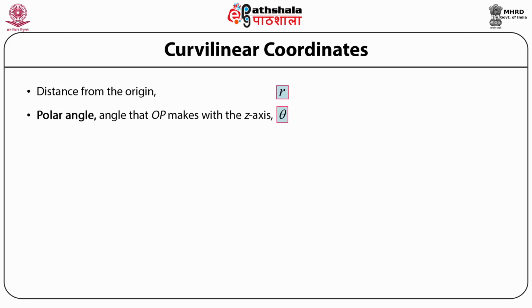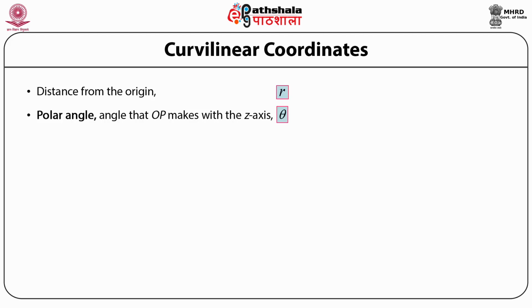The angle which the projection of the point P from O, that is OP, makes on the xy plane with the x-axis is phi, and this is called the azimuthal angle, while the angle which the line OP makes with the z-axis is the polar angle and is denoted by theta.